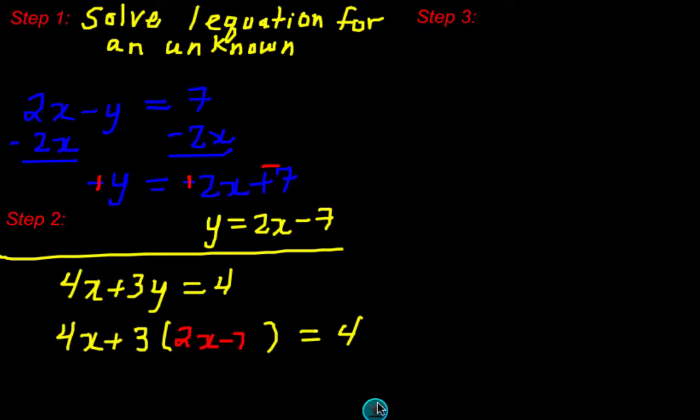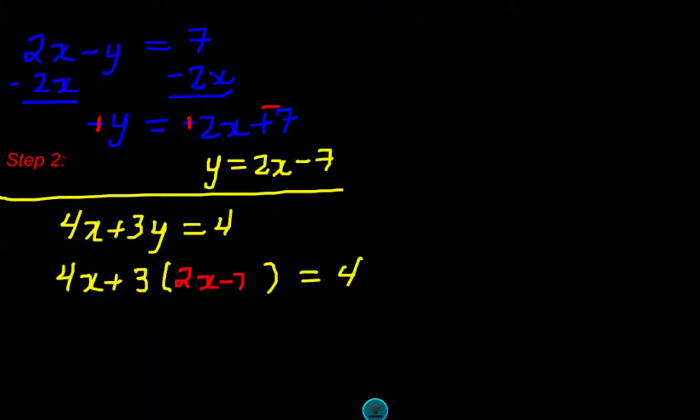So what we have now is an equation in one variable, so we can solve for x. We distribute: 4x plus 6x minus 21 equals 4. Combine like terms: 4x and 6x makes 10x, minus 21 equals 4.